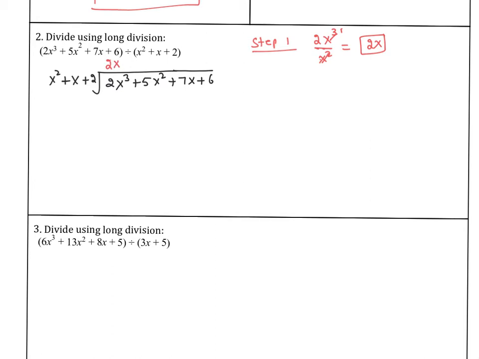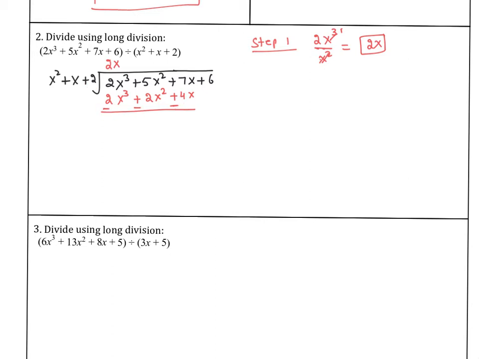Again, to make sure that we are choosing the right number, you divide the first term by the first term. So 2x cubed divided by x squared is 2x, so we should multiply by 2x. When you multiply 2x by this polynomial, you get 2x times x squared is 2x cubed, 2x times x is 2x squared, and 2x times 2 is 4x.